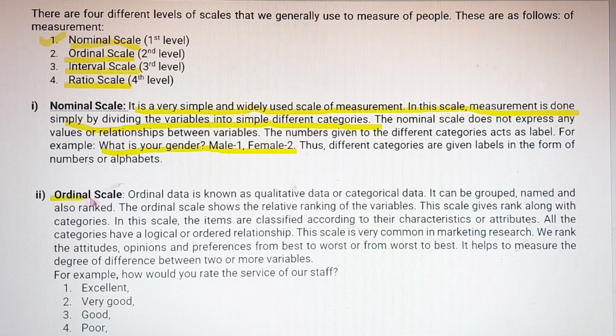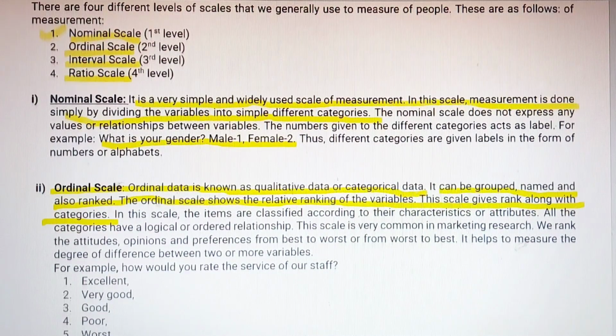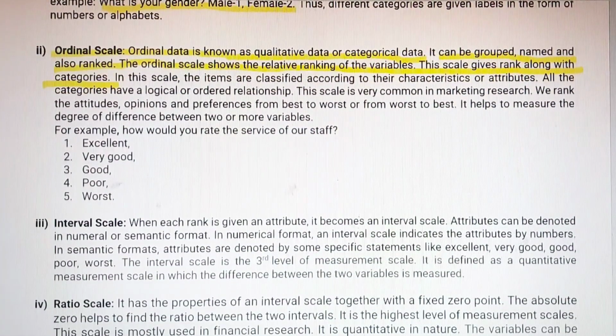In ordinal scale, the data is known as qualitative data, and these are grouped, named, and also ranked. The ordinal scale shows the relative ranking of the variables, and this gives the rank along with the categories. Apart from the first scale, ordinal scale also gives rank.